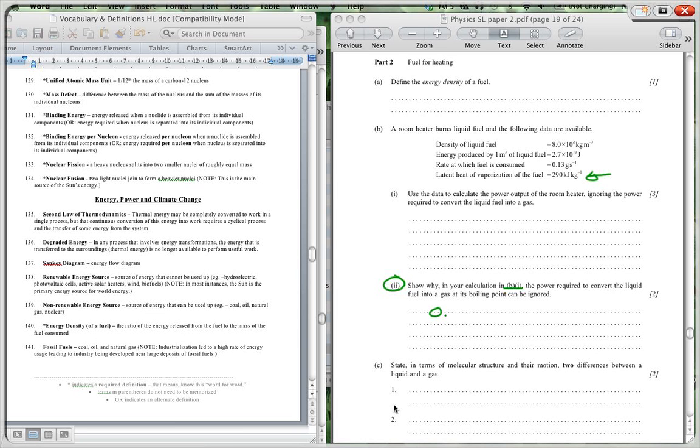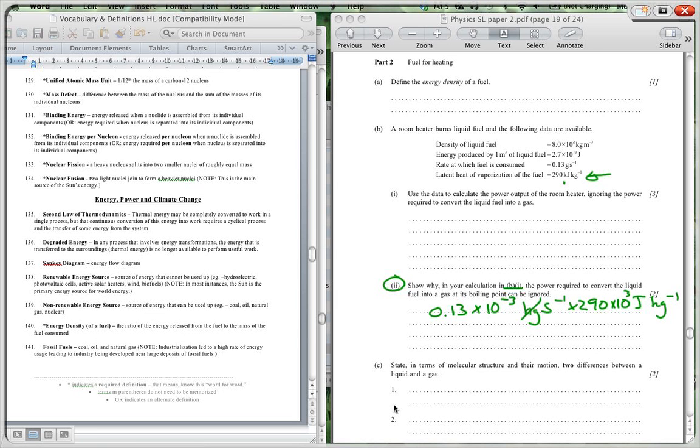So 0.13 times 10 to the negative 3 kilograms per second are being converted, and for each of those I need this many joules, so it's times 290 times 10 to the 3, because it's kilojoules per kilogram.